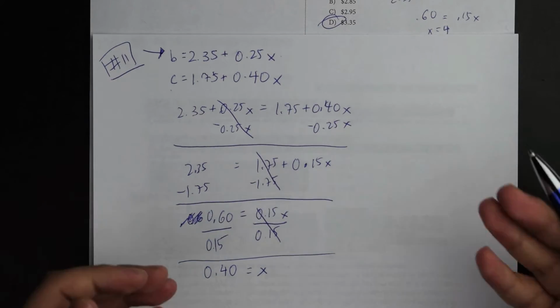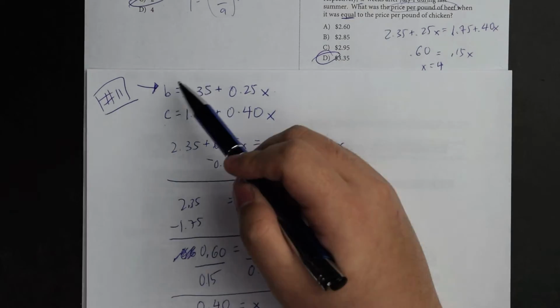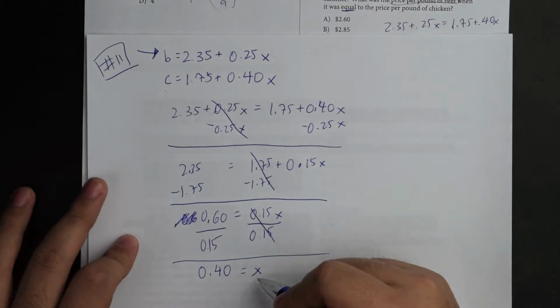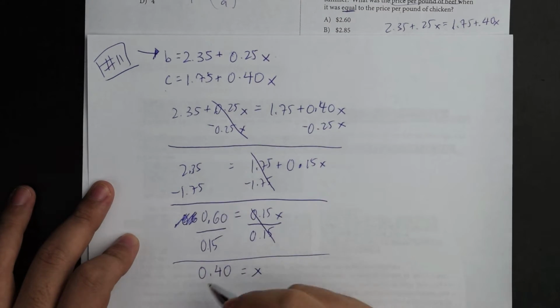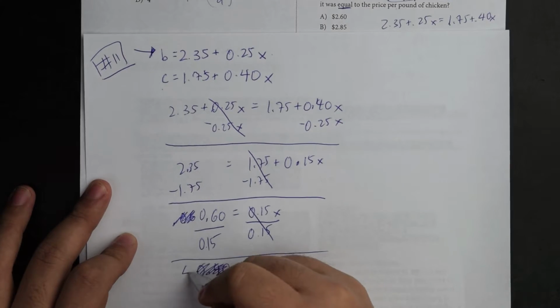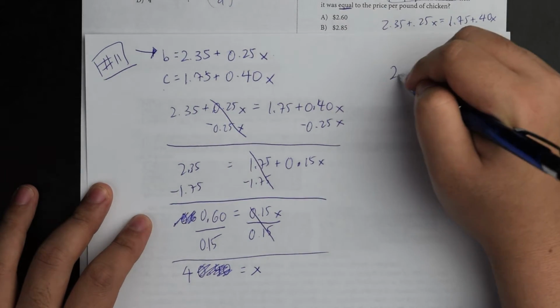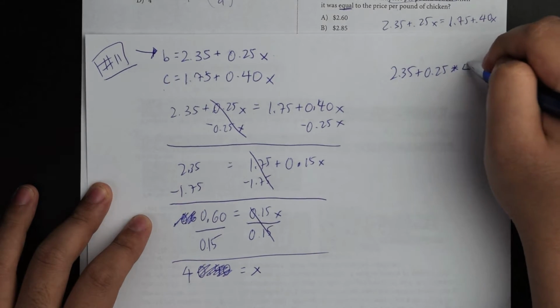But the question states specifically, what was the price per pound of beef? And beef is represented by b. So I'm going to plug this value in here. Actually, it's not going to be 40. That's my mistake, it's going to be 4. So I'm going to plug that back in: 2.35 plus 0.25 times 4.